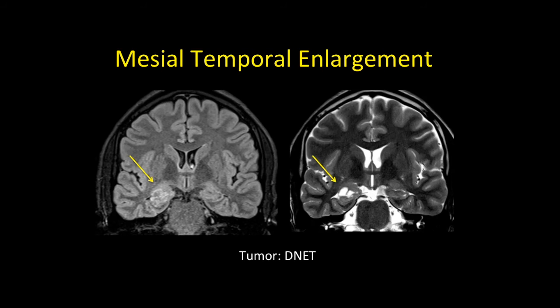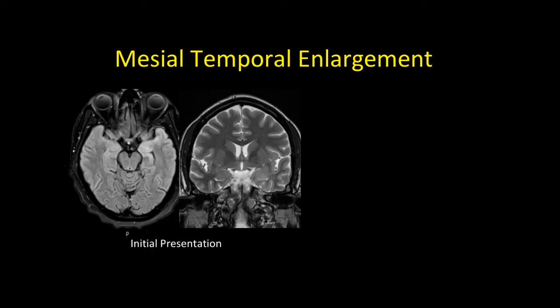So, mesial temporal lobe enlargement. If something's enlarged, it's not mesial temporal lobe sclerosis. Like in this case, this is a tumor, a bubbly DNET. Here's another one. This patient initially presented with an enlarged left amygdala.